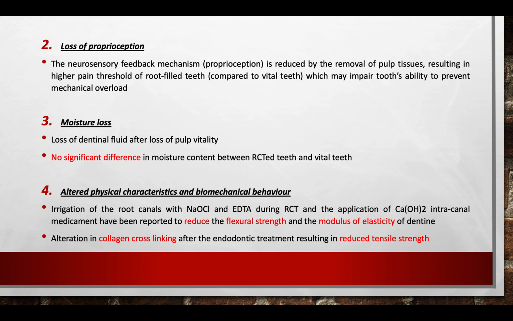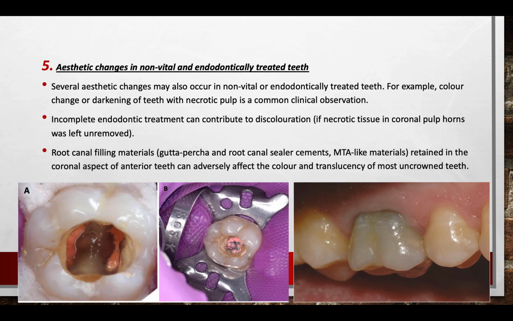And they will lead to alteration in the collagen cross-linking of endodontically treated teeth and will reduce the tensile strength of the tooth. And therefore, the tooth will not behave the same way. It won't have the elasticity of a vital tooth. And this also makes the tooth weaker. Again, it's also a debatable issue.